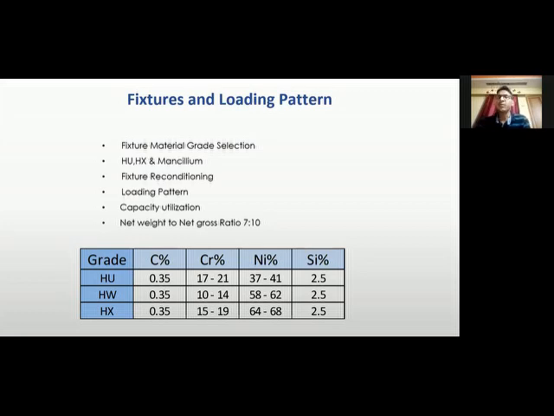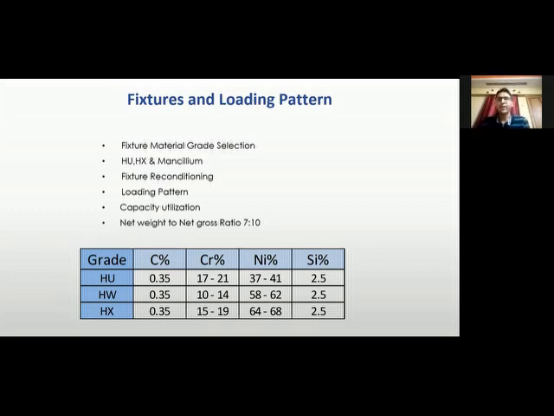Because of the nickel and chromium, the base tray can sustain higher temperature. And at that higher temperature, because of the nickel, the base tray strength and stiffness can increase. So you get the maximum life of that fixture.